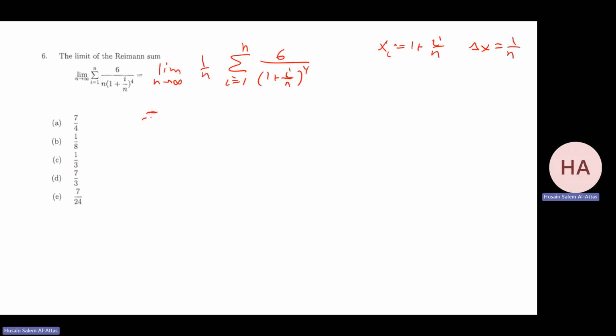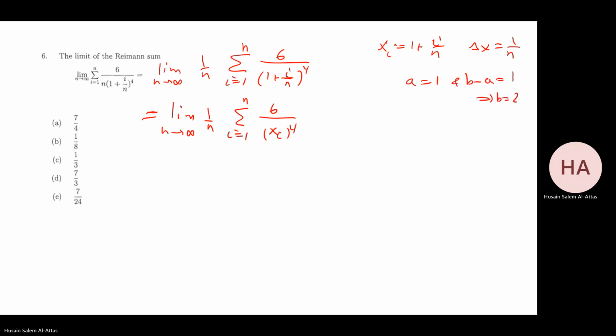So this one I can rewrite it: limit n goes to infinity, 1 over n summation, 6 over xi to the power 4. So I have a equals 1 and b minus a equals 1, so b equals 2. So this will be the integral from 1 to 2 of 6 over x to the power 4 dx.